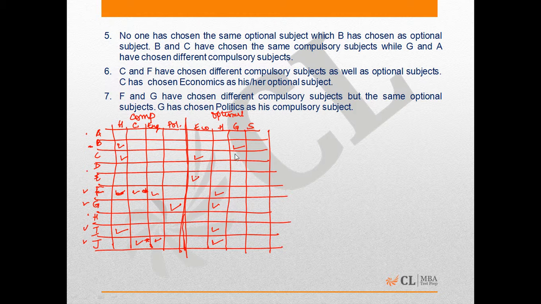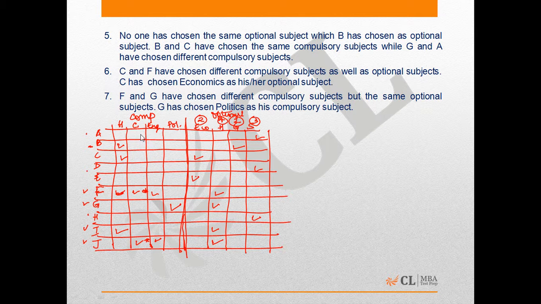Once we get the optional subject for B, the leftover optional subject, sociology, is going to belong to A, D and H. So geography is opted by 1 student, economics by 2, sociology by 3 and history by 4 students. So this is the combination that we get.